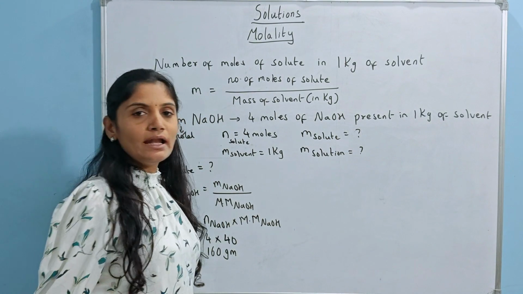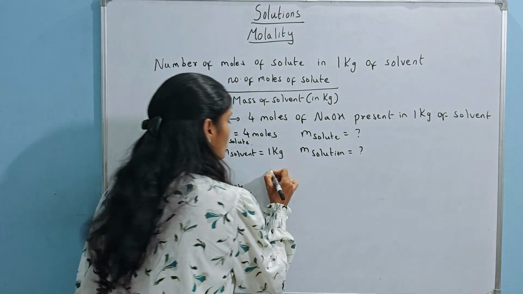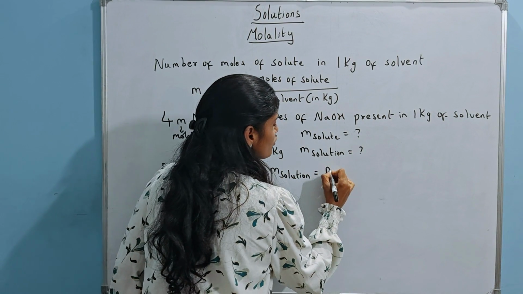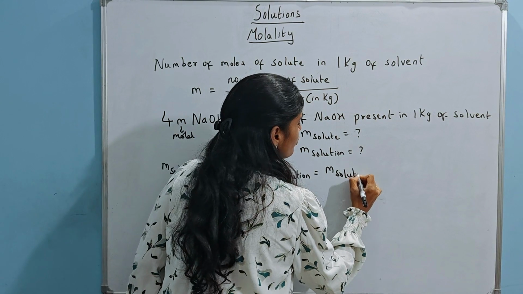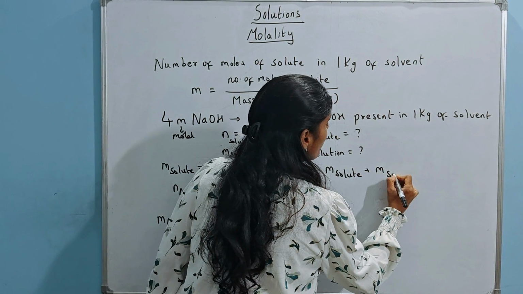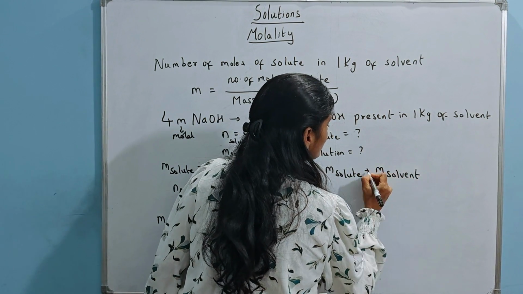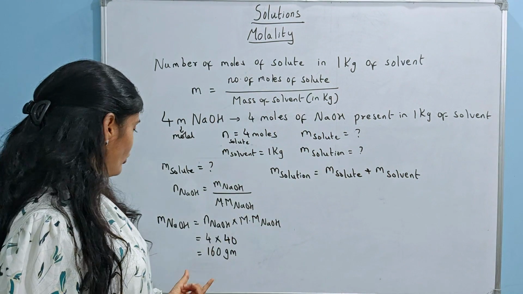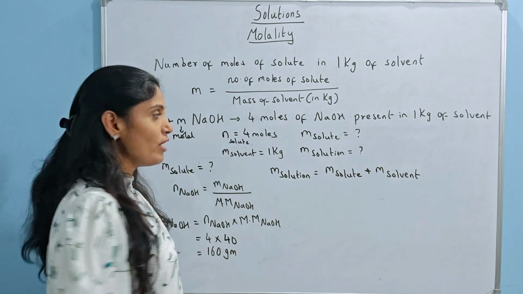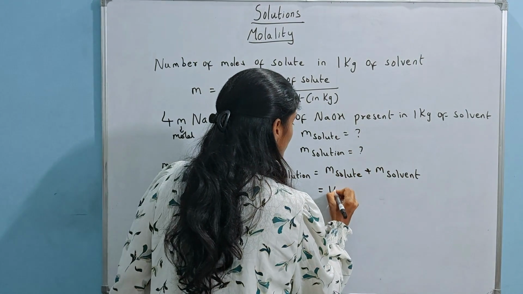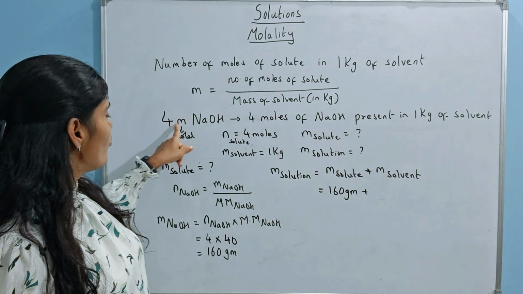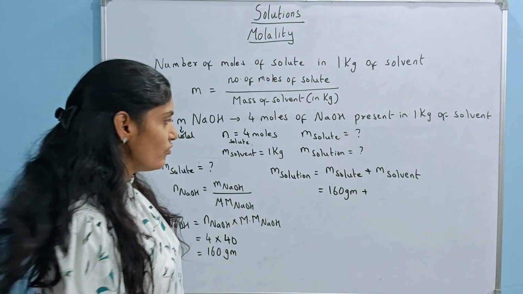Now let me calculate the mass of the solution. How can I get the mass of the solution? Mass of the solution is equal to mass of solute plus mass of solvent. Do I have the mass of solute here? Yes, I have just found it: 160 grams, plus the mass of solvent from the 4 molal NaOH data, which is 1 kg.